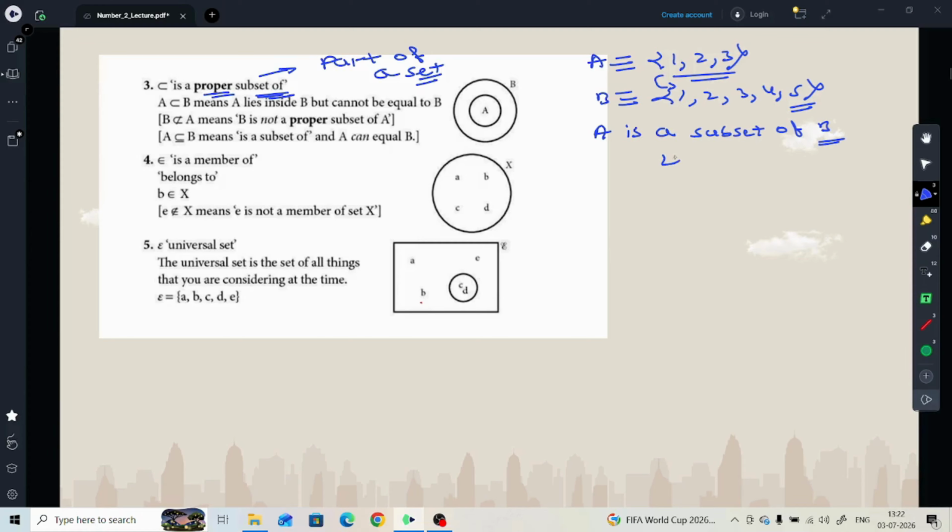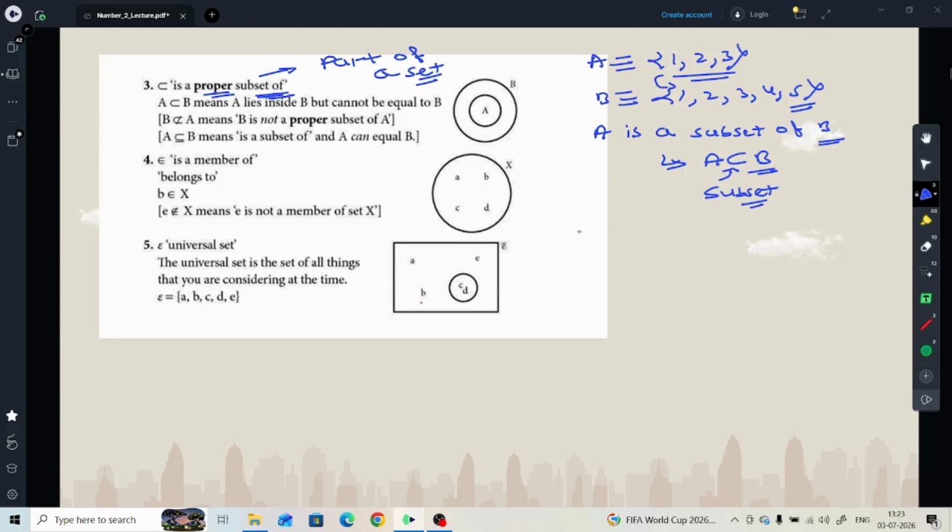And what we can imply from this is that it can be written as A is a subset of B, in this notation. This symbol means subset. Understood? That's how it goes.